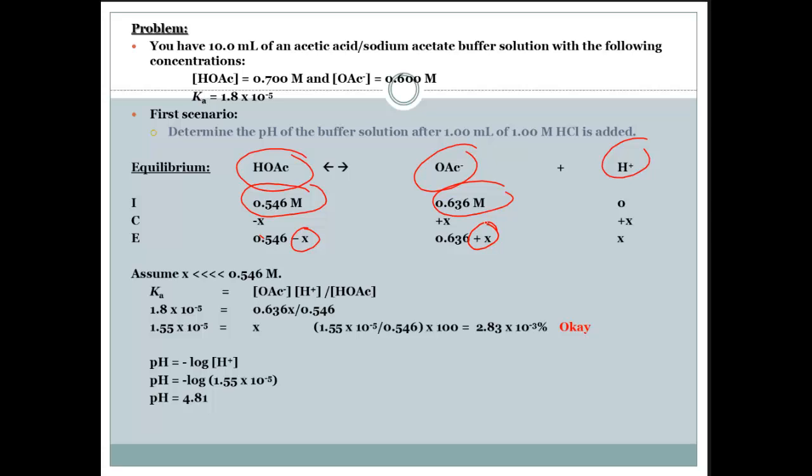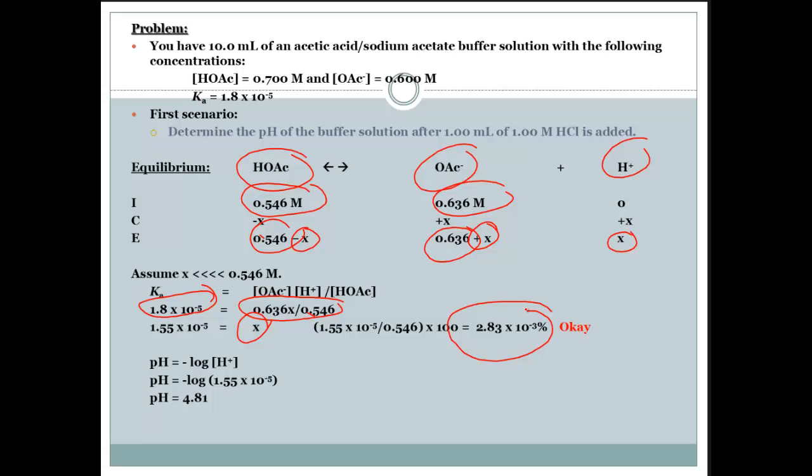So that means we have 0.636 times x over 0.546 is equal to the equilibrium constant. So that's how we got this number here. Solve for x. So we multiply both sides by 0.546 and divide it by 0.636. Double check that our percentage is okay, so we're good.